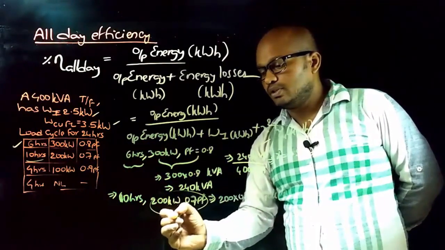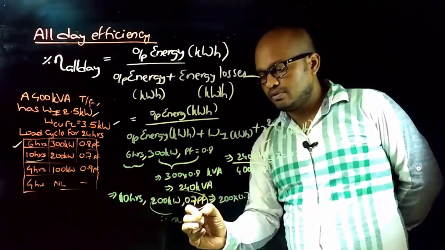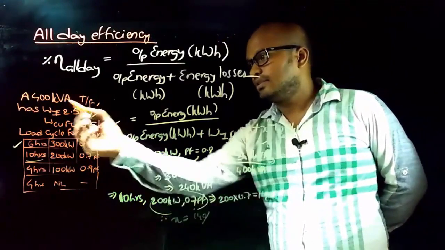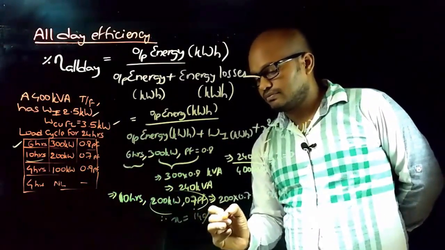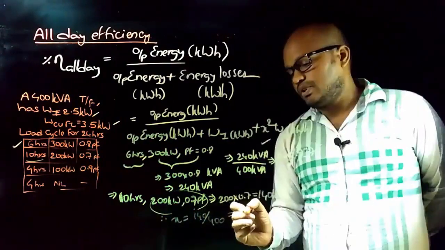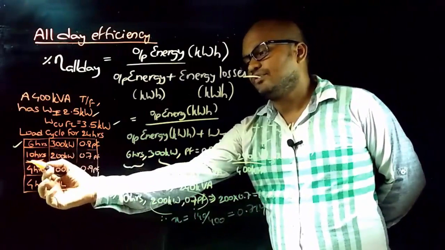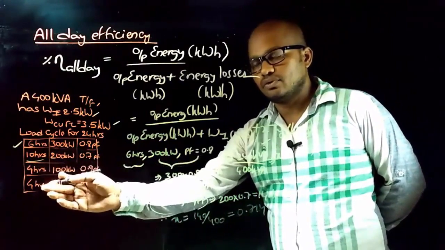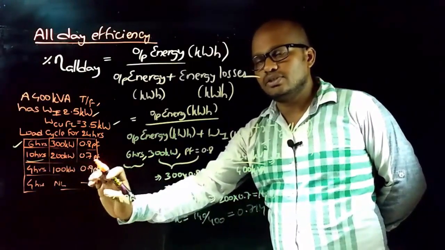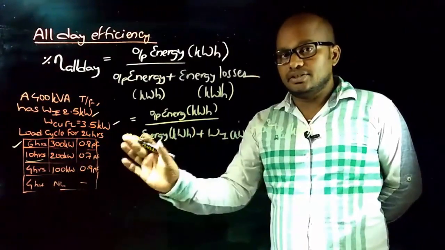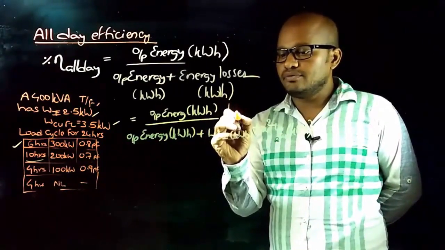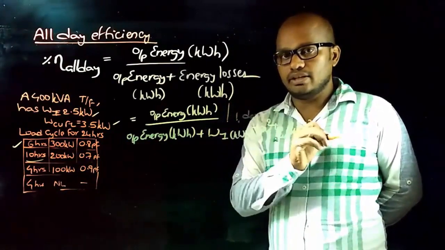Therefore, the loading on the transformer is 140 divided by the rating of the transformer, that is equal to 0.714. And similarly, find X for these 4 hours, and for the next 4 hours there is no loading, so there is no need to find X.